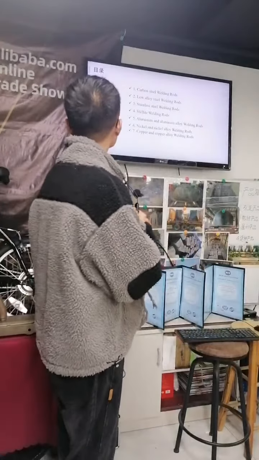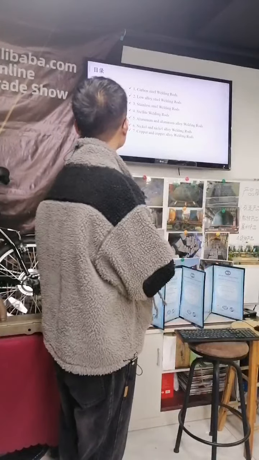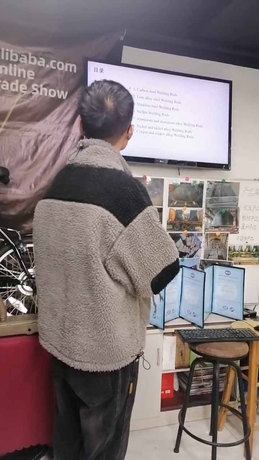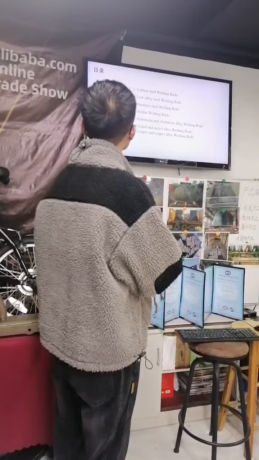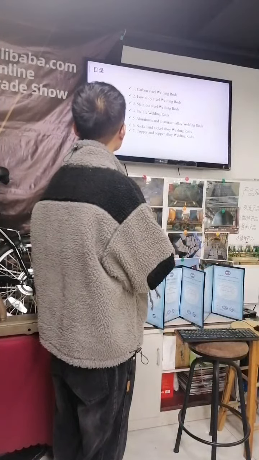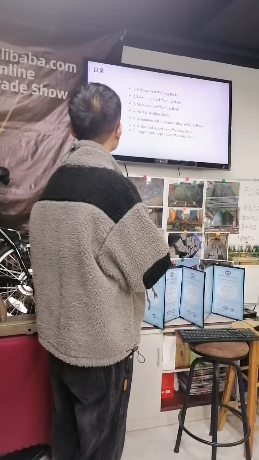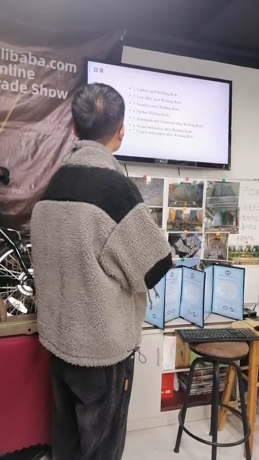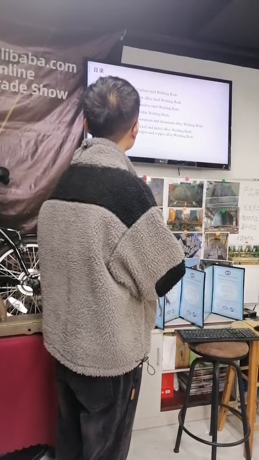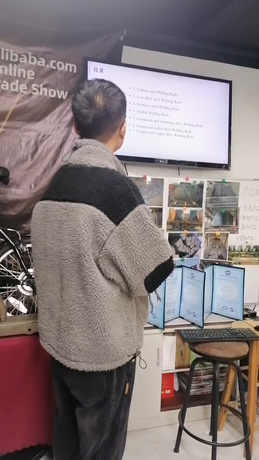The product includes about 7 parts: carbon steel welding rods, low alloy steel welding rods, stainless steel welding rods, aluminum and aluminum alloy welding rods, and nickel alloy welding rods.